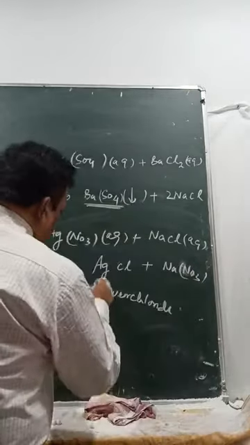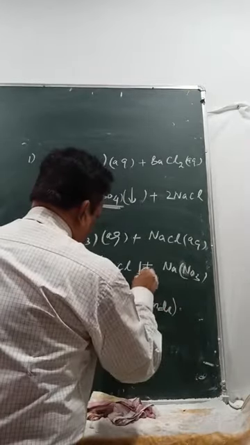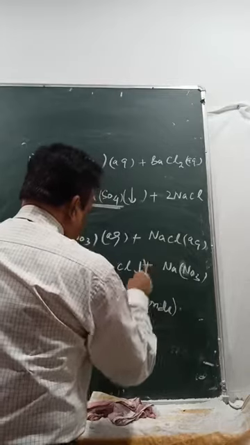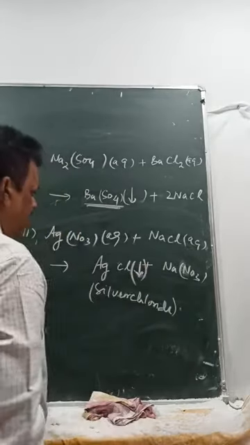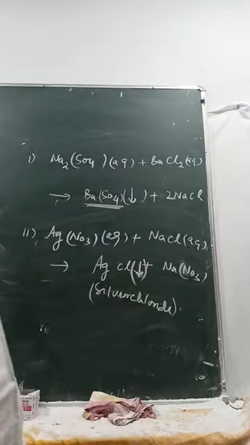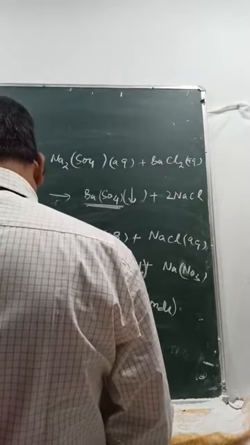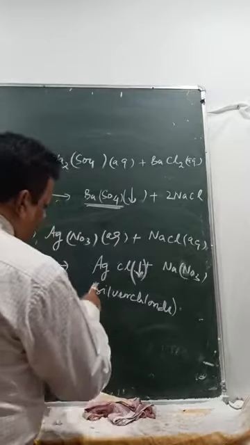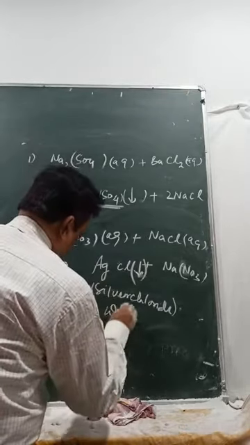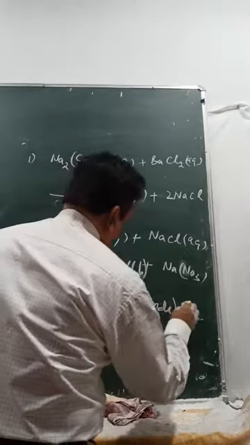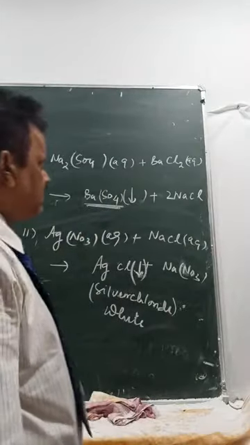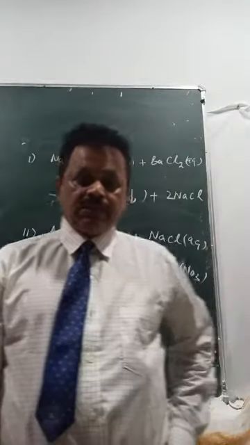See, this silver chloride is a precipitate. This is now in solid form, which is insoluble. This is white in color. So these are the examples of precipitation reactions.